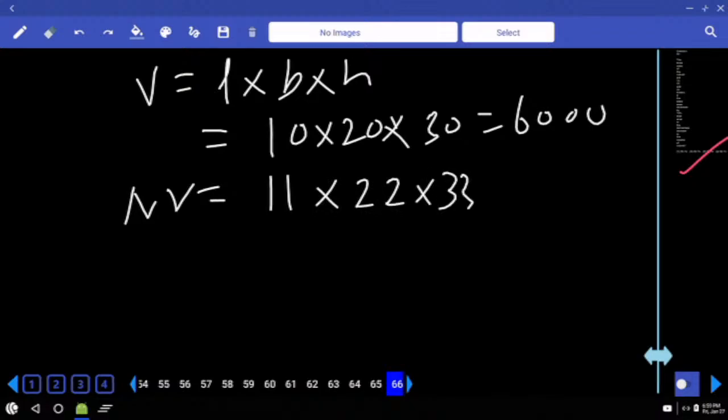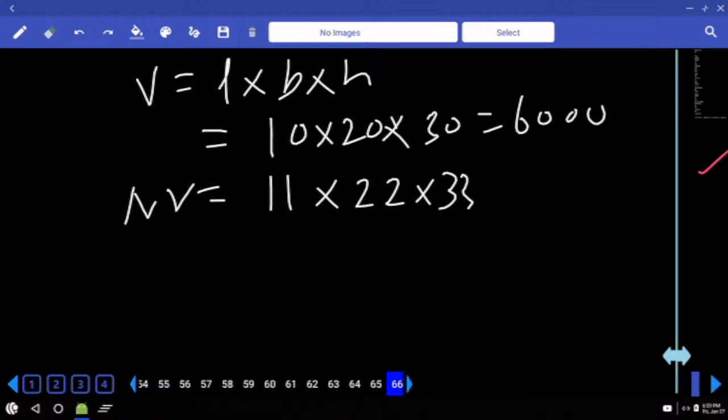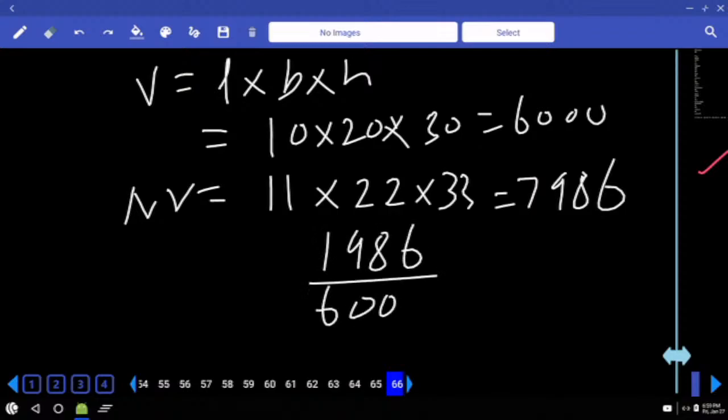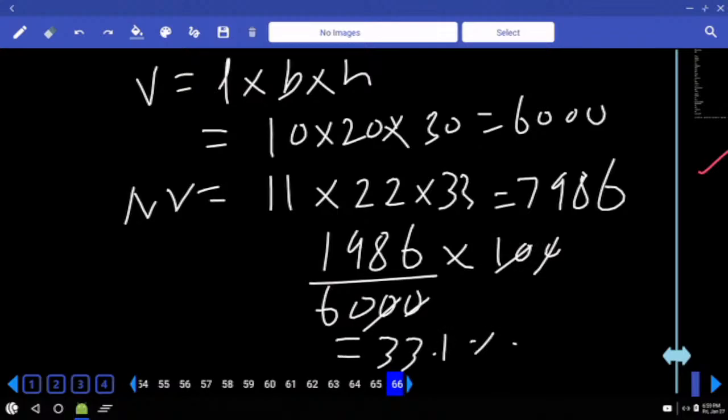How much are you getting? 7986. Increase is 1986 by 6000 into 100. This is nothing but 33.1 only, because 6 into 33 is 198. 33.1, that's all. You can do it this way also.